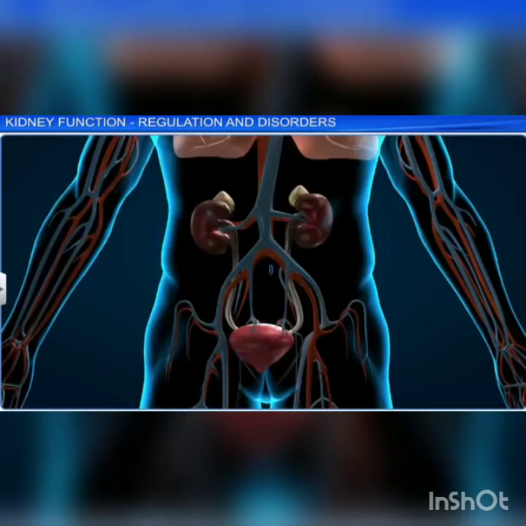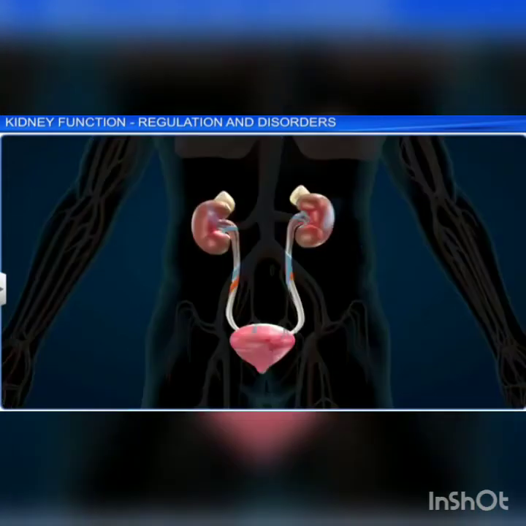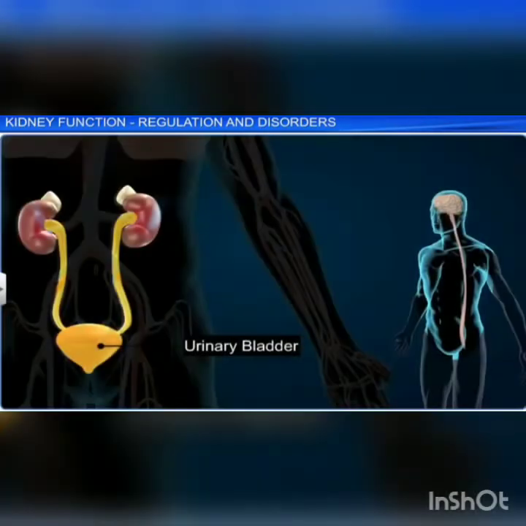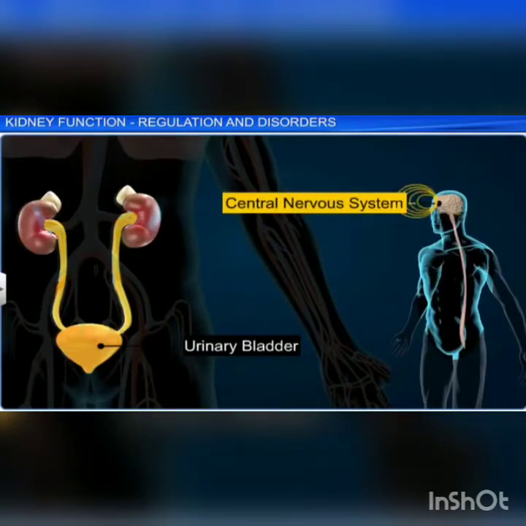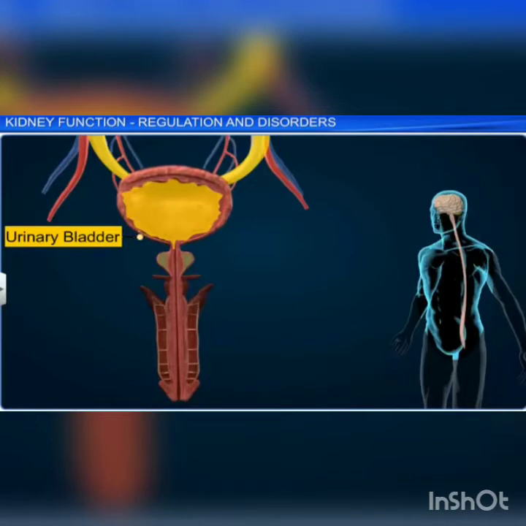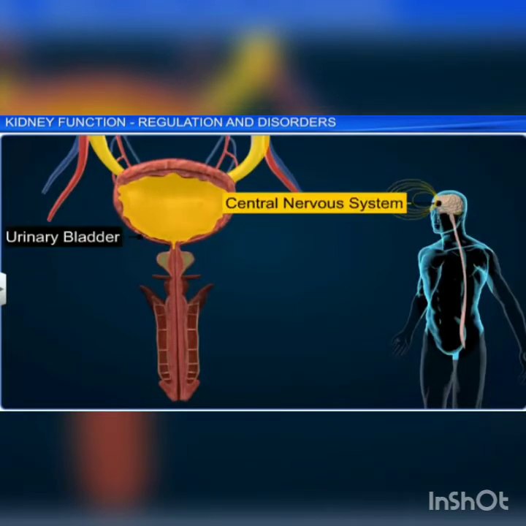Hence, hormonal feedback mechanisms efficiently monitor and control the functioning of the kidneys, leading to the formation of urine, which passes into the urinary bladder, where it is stored until a signal is received by the central nervous system or CNS. As the urinary bladder gets filled with urine, the bladder is stretched and causes the stretch receptors on its walls to send a signal to the CNS.